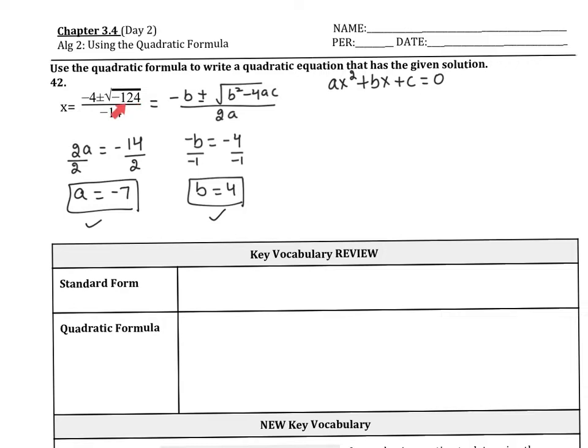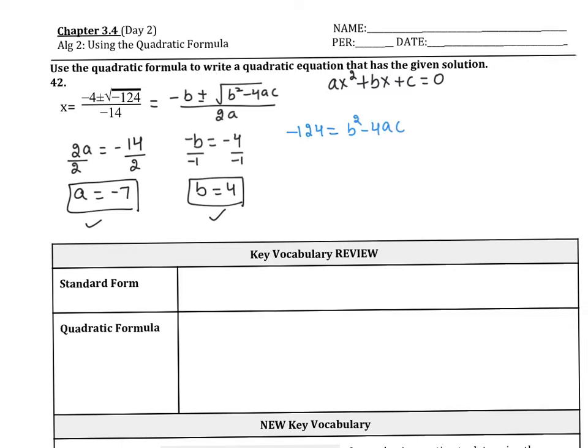To find c, we are going to place negative 124 equals b squared minus 4ac.